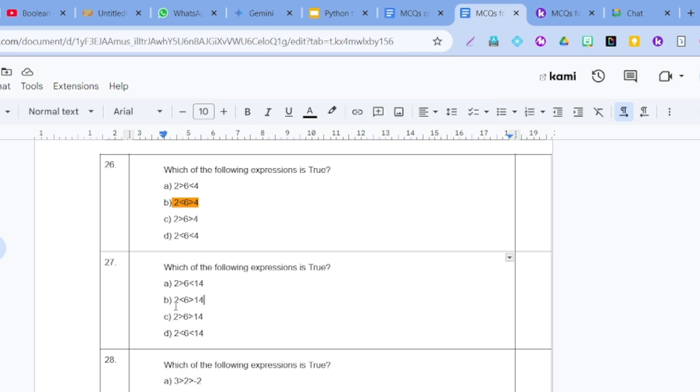If you look at the options, I don't think the second one is correct, because I have already told you that this option is not correct, and 2 greater than 6 is also not correct, but the fourth option is correct, and that is why I am highlighting this as the true option.